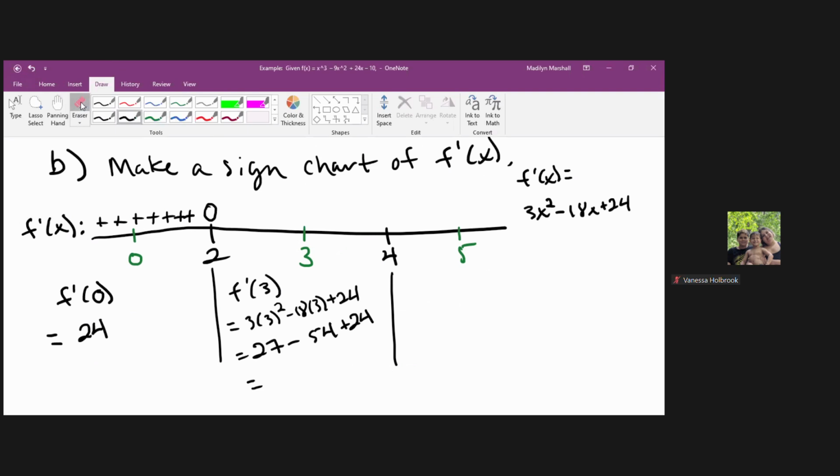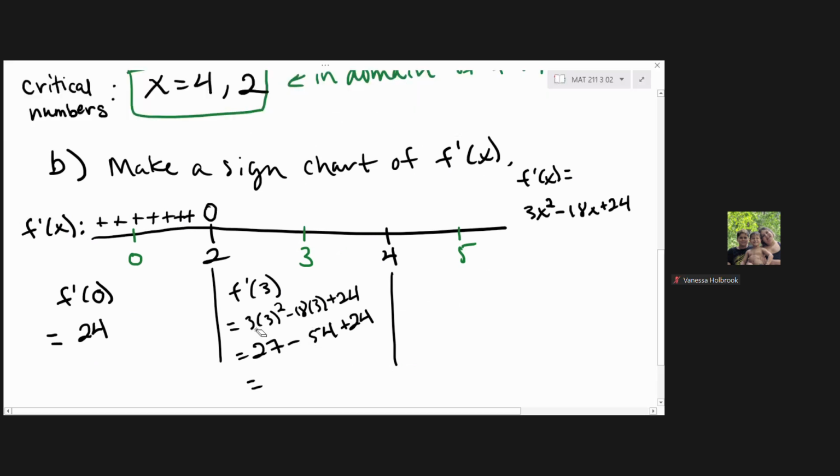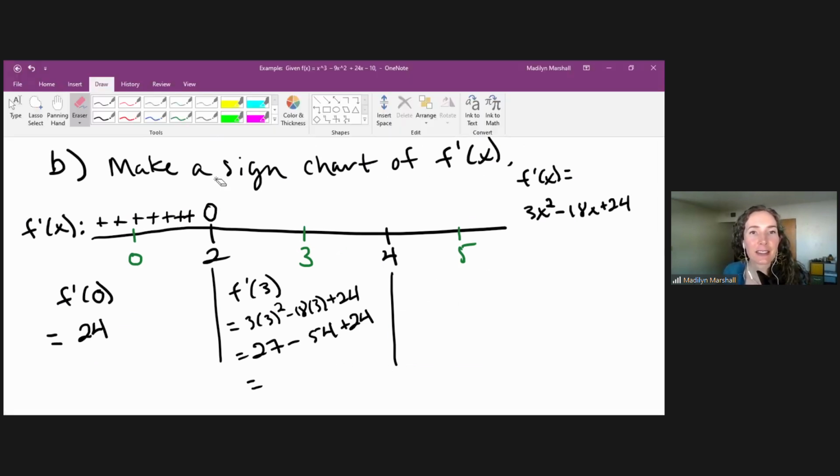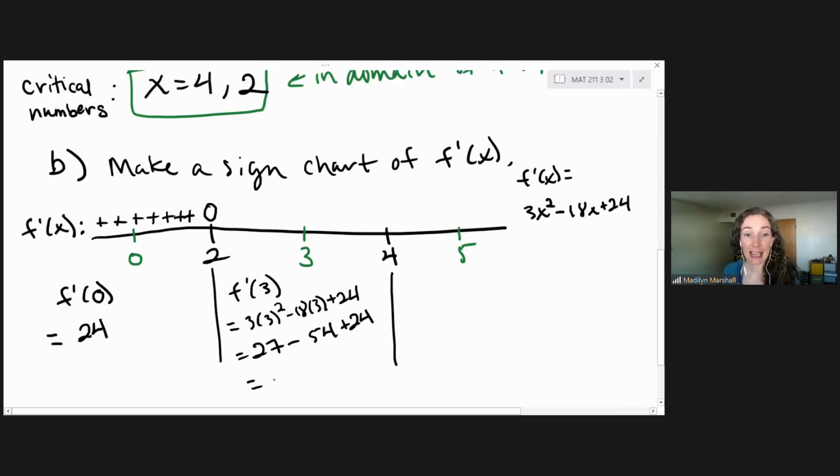Then you're right. Let me see what I did. Okay, yeah, this is fine. So that's a -3. So we should at least get a negative. If you use the version with the factored out 3, you should still get a negative number. And f prime is 0 at 4.